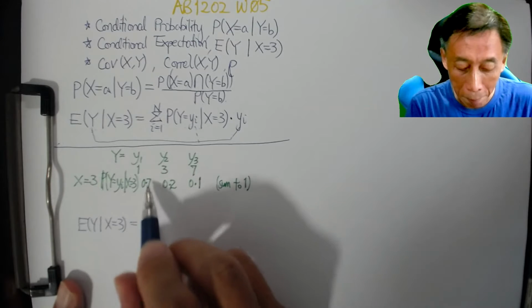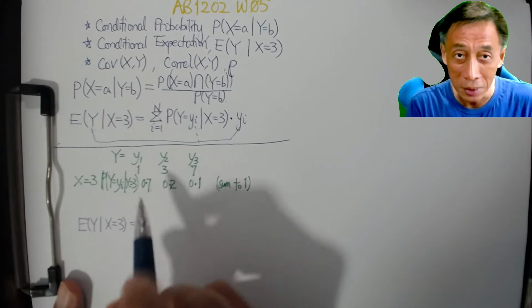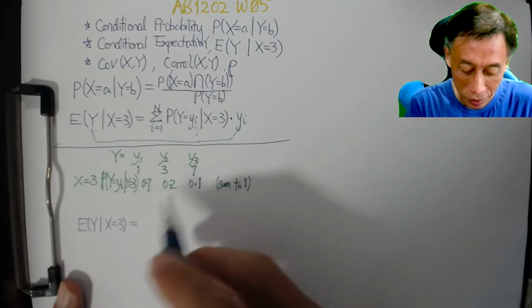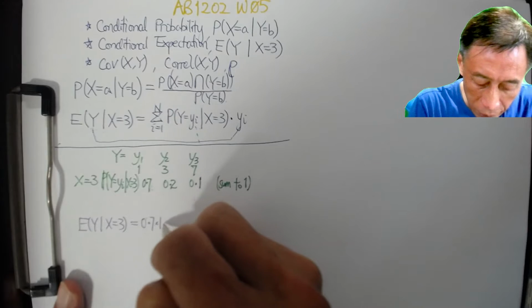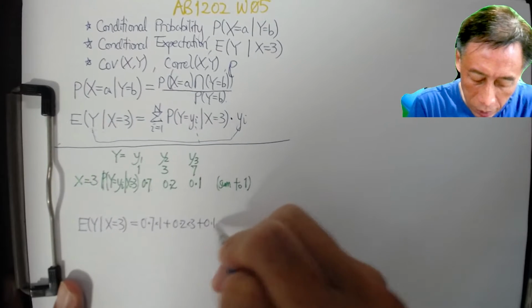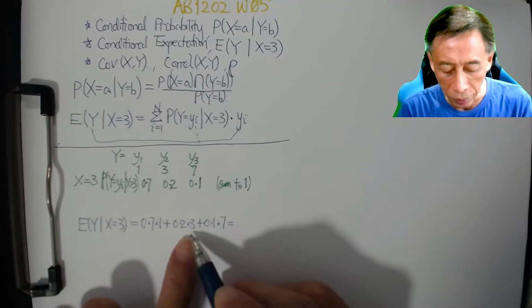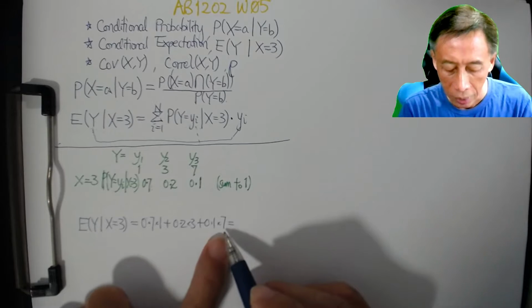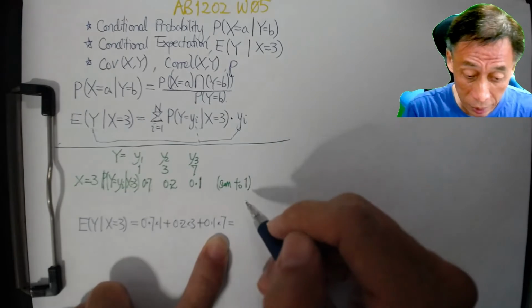The calculation is very simple because the label has been shown here, which is exactly what we need. So 0.7 times 1 plus 0.2 times 3 plus 0.1 times 7. So this is 0.7, 0.6, 1.3, and then 0.7. So the answer is 2.